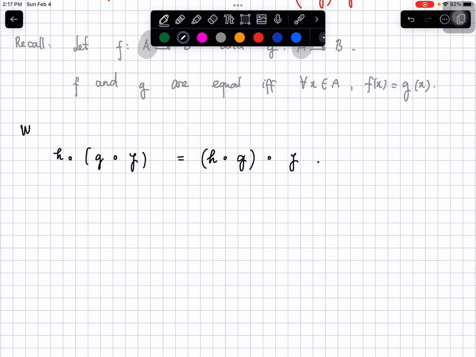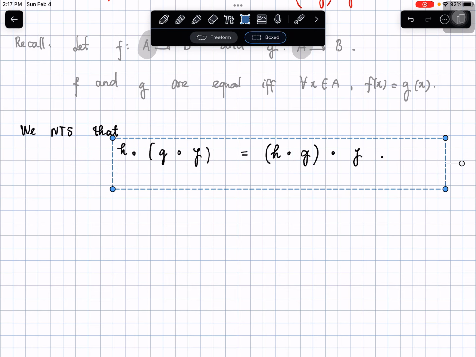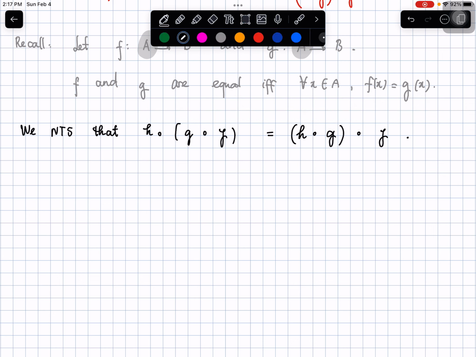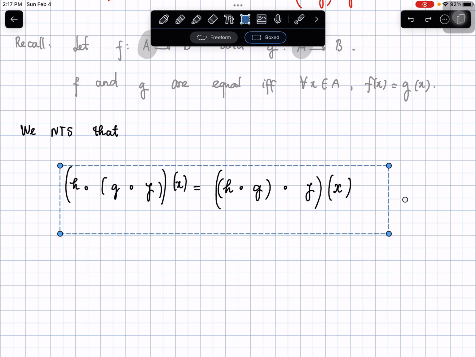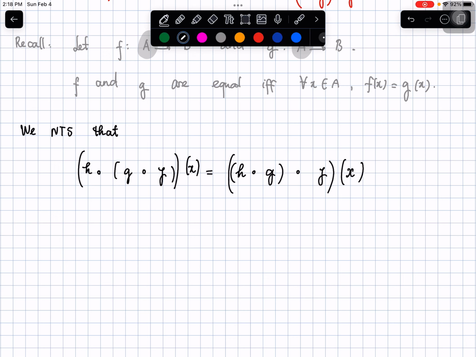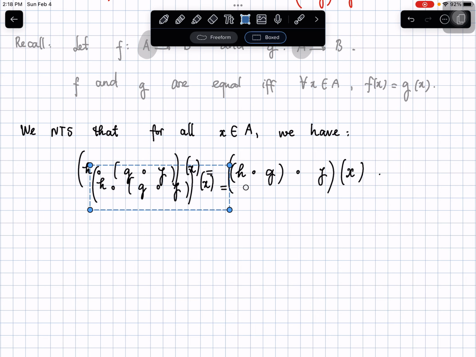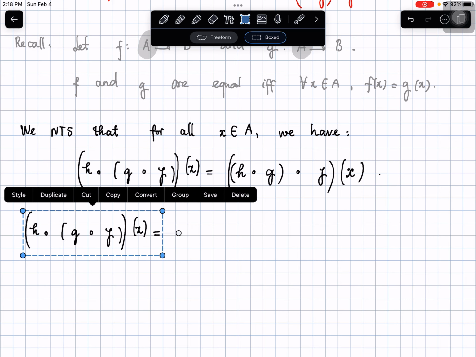We need to show that the two are equal. This means that we need to show the two functions are equal at any point x in A. For all x in A, we have this equality, and we just need to compute by definition what is on the left and what is on the right.